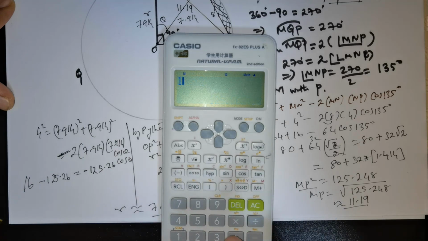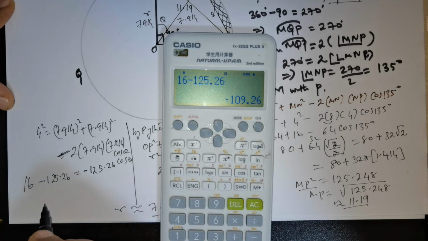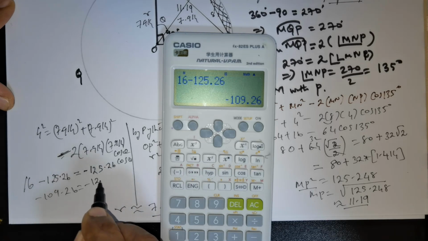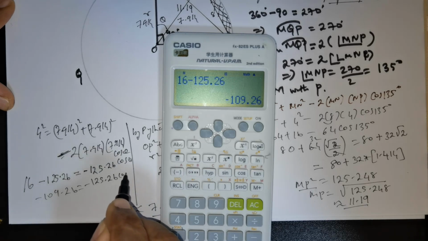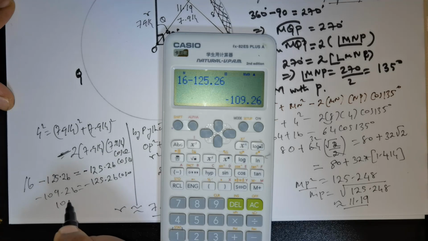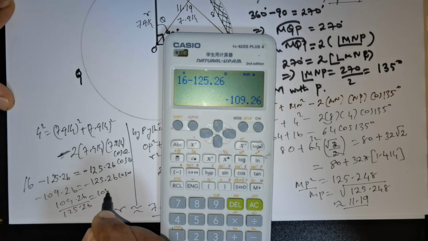So 16 minus 125.26, that is going to be negative 109.26 is equal to negative 125.26 times cos theta. This is going to be 109.26 divided by 125.26 is equal to cos theta.